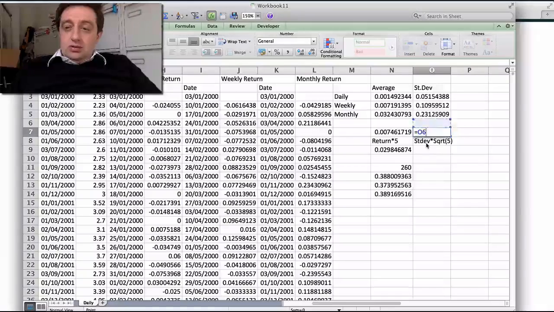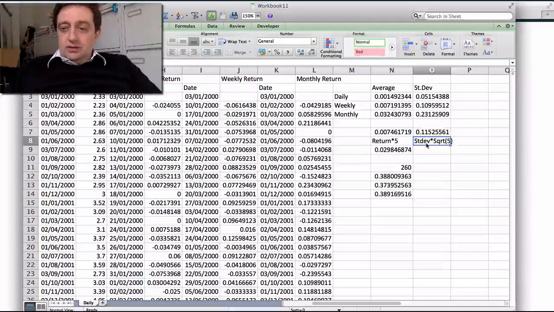So let's say if we want to scale up from daily to weekly, then there's 5 days in the week. You can see here that our proxy from using daily data to work out the weekly standard deviation is 11.5% compared to 10.09%.